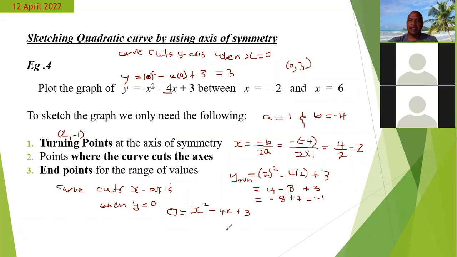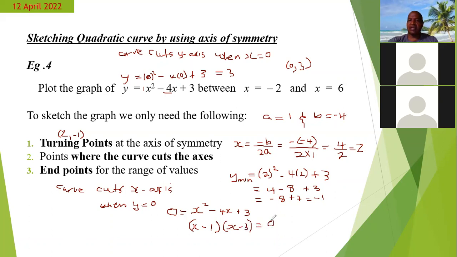All right, so it is -1 and -3. Good. So it means that when you factorize it, you will get x minus 1 and x minus 3 equals 0.